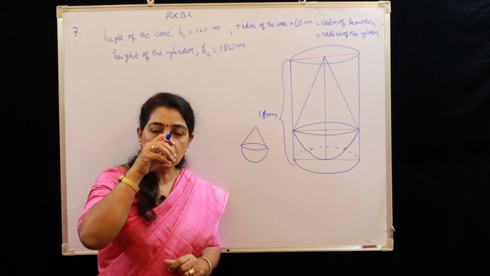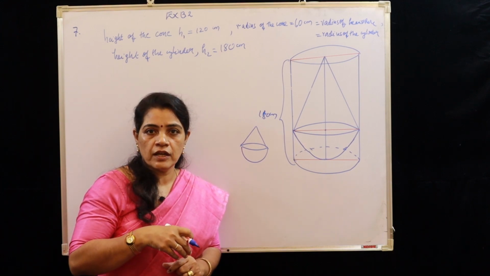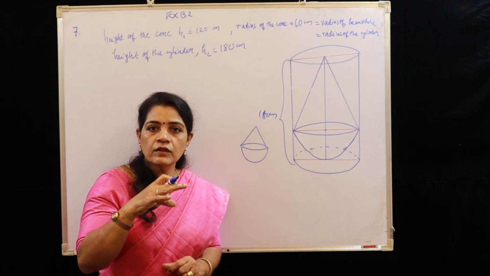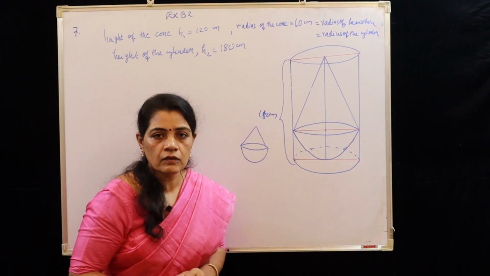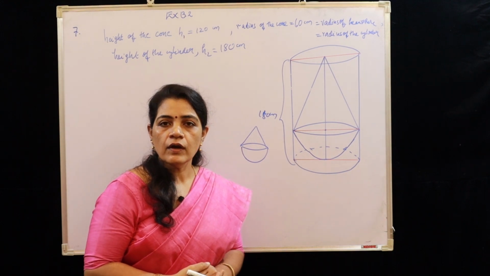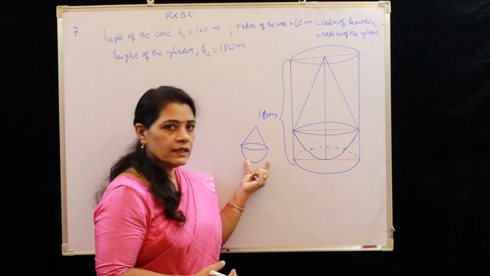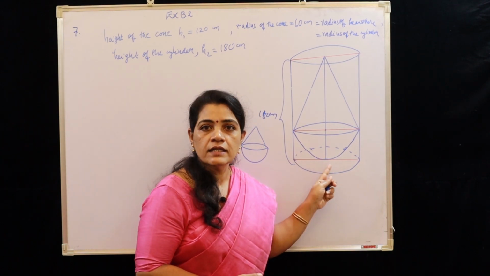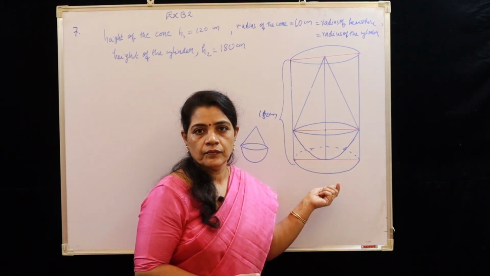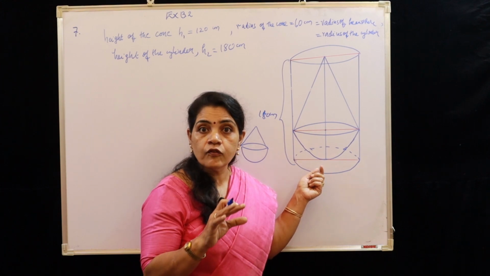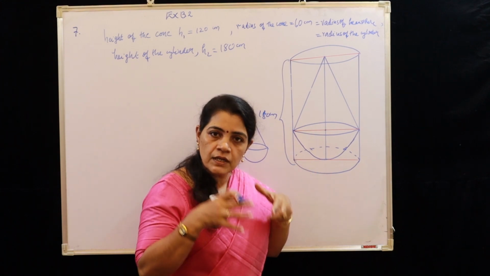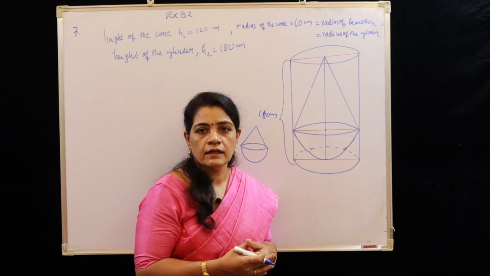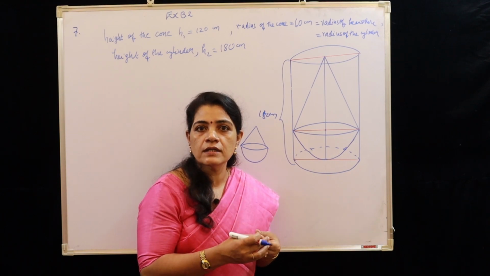Since we are placing a solid inside, and the vessel is full of water, definitely the water will come out. This solid touches the bottom of the right circular cylinder, that means it is not floating, it is immersed inside the cylinder. That means it occupies space.